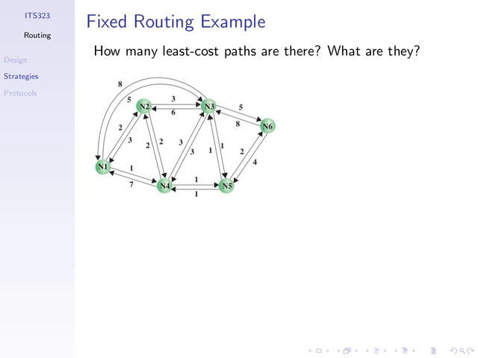Is a path less than 12? I hope so. Is it? What is it? From N4 go to N2. Yes, good. I wanted one, but I couldn't find it. N6 to N5 to N4 to N2 to N1.